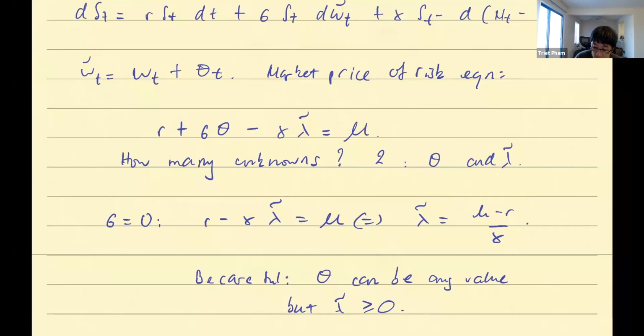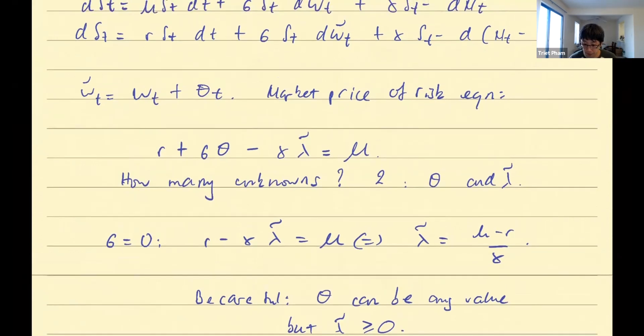So how many risk neutral probabilities will we get under this model? Correct. Infinitely many. So this is exactly a case where you don't have a unique risk neutral probability. So the market is incomplete in this case.